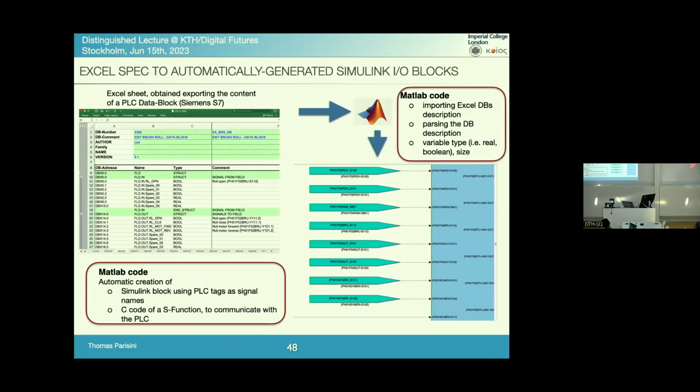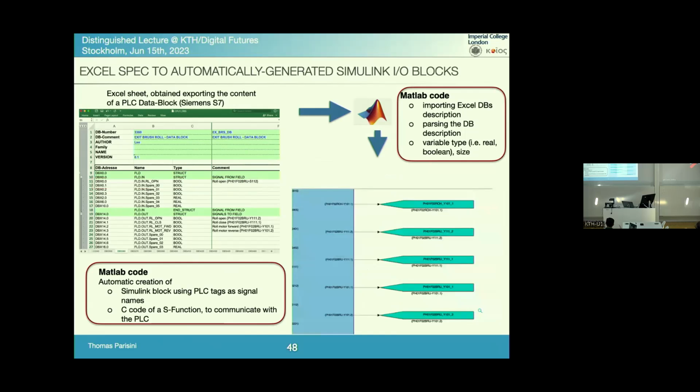And you have an Excel file, very abstract, not understandable, where you have the names of the variables, the specific memory part where these variables are located, and so on. You basically have to parse that file and automatically generate the inputs and the outputs. That is what has been done, and this is what enables you to reparameterize on the fly.